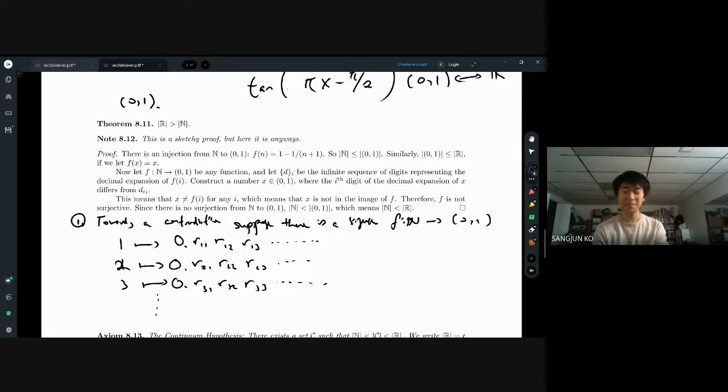What's the decimal expansion of 1/4? Or 1/2? Can anyone tell me?